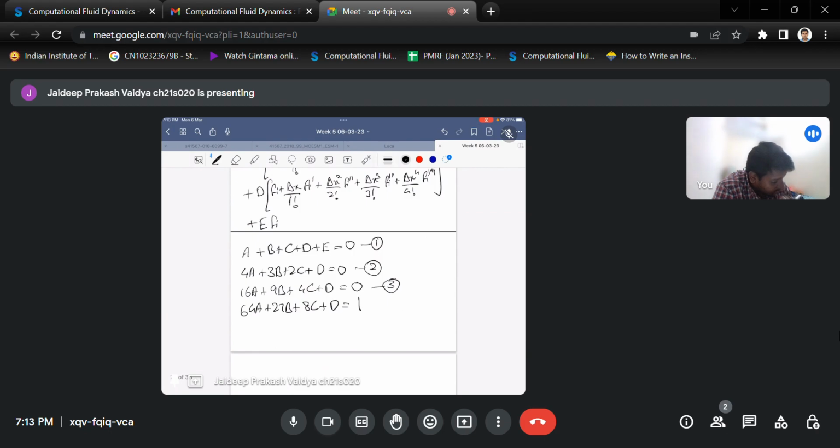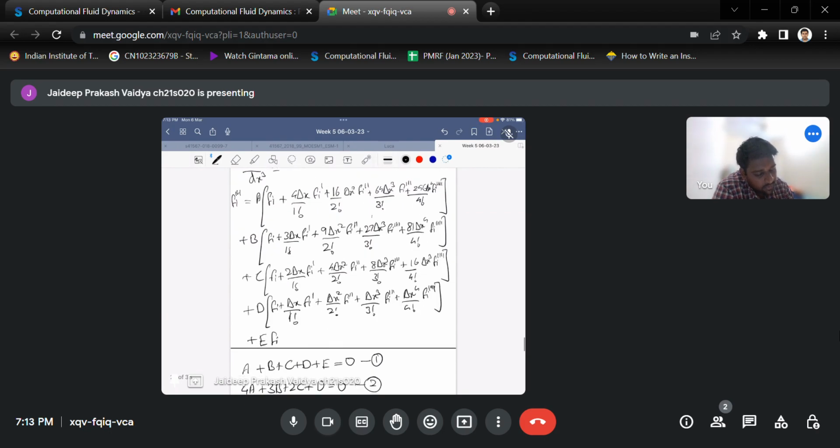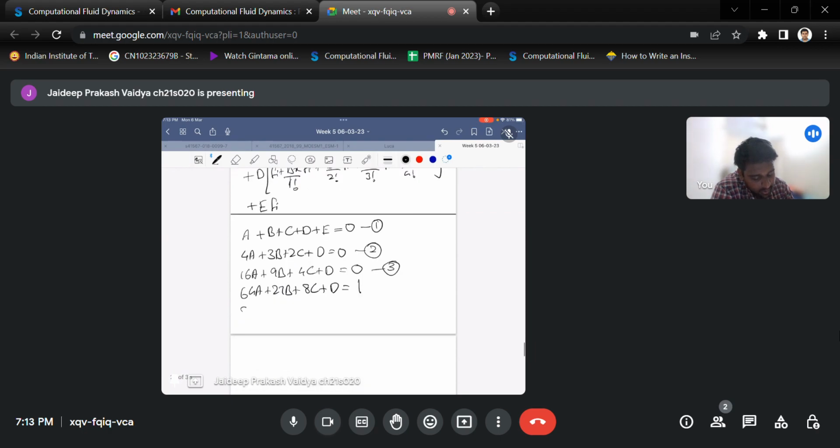And similarly, for the last element we get 256a plus 81b plus 16c plus d equal to 0.